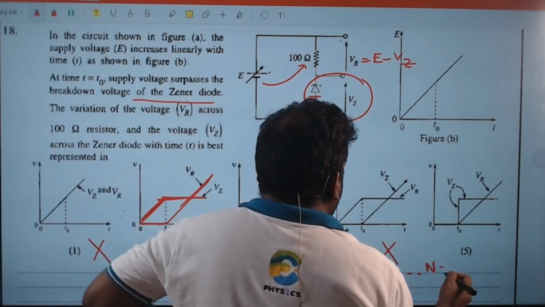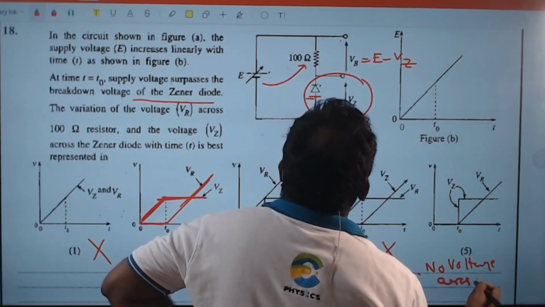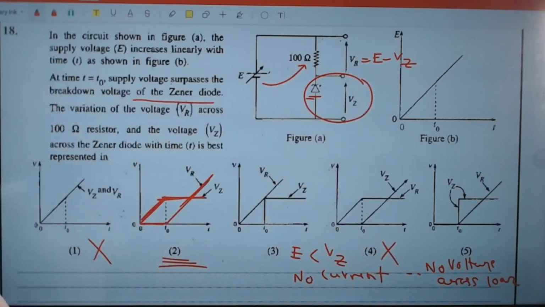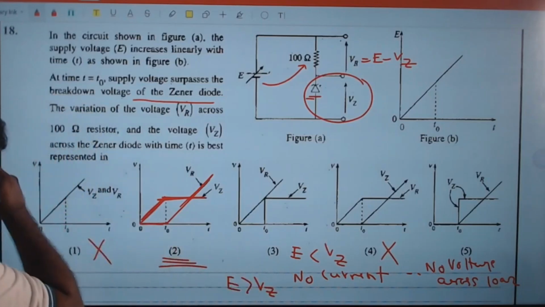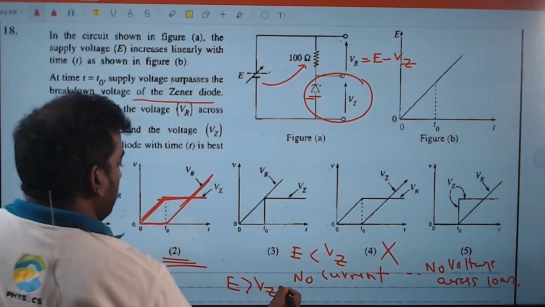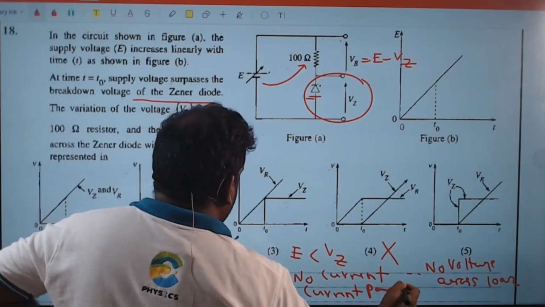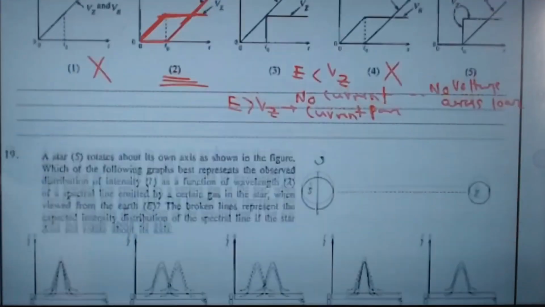Therefore, no voltage across 100 ohm resistor. When E is larger than Vz, current passes through, voltage will increase. Okay, correct answer 2.